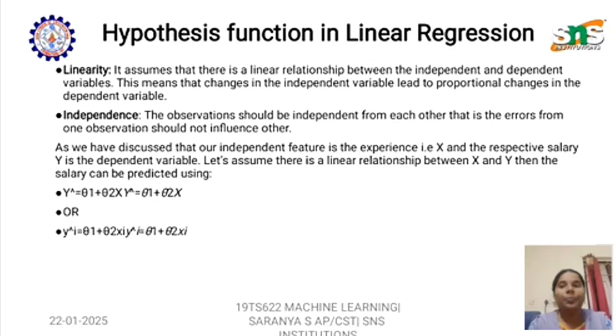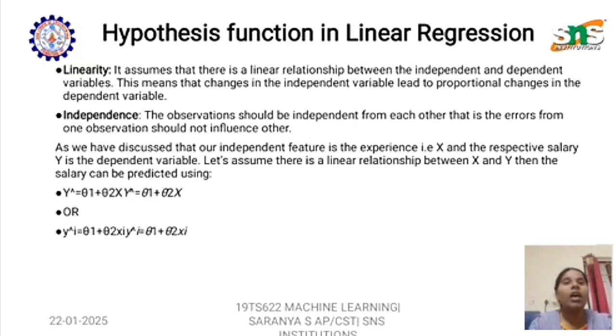Here the small i belongs to capital Y, where i equal to 1 up to n are the labels of data. It is supervised learning. Then x i belongs to capital X, where i equal to 1 up to n, are the input independent training data.